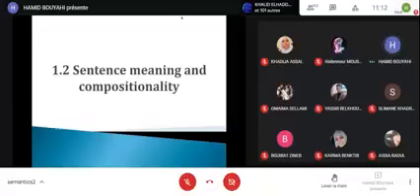Yes, Sliman? Compositionality is about combining, because what we have is the meaning of words in our mind, but we compose these words in order to create complete sentences, and we make different meanings of sentences in accordance to the meaning of words we have in mind. Yes, so that's basically it.